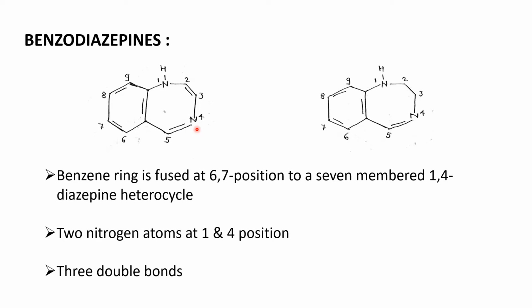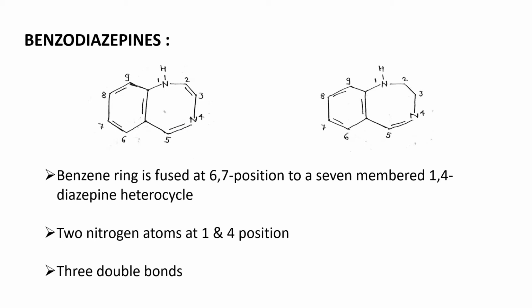Now the chemical name of benzodiazepine, if I consider this structure, then the chemical name of this structure is 1H-1,4-benzodiazepine. 1 in bracket capital H, 1,4, that is the position denoting the heteroatoms, 1,4-diazepine.